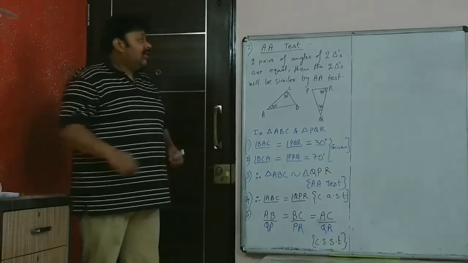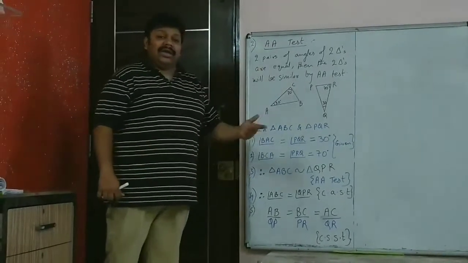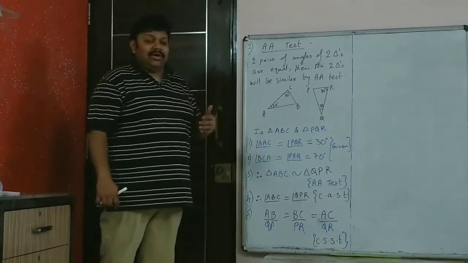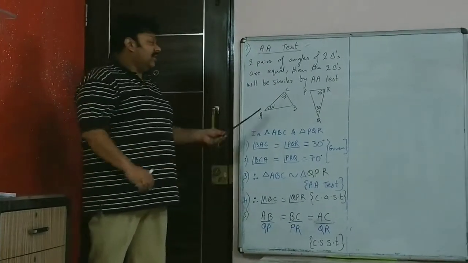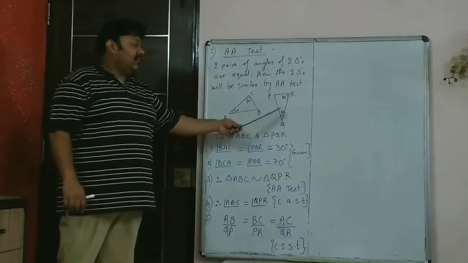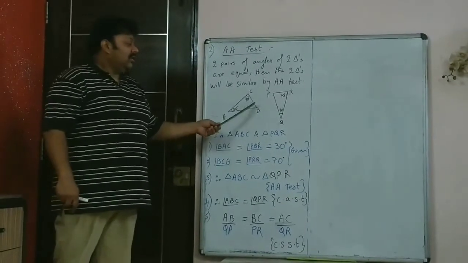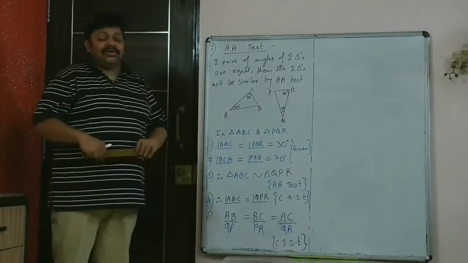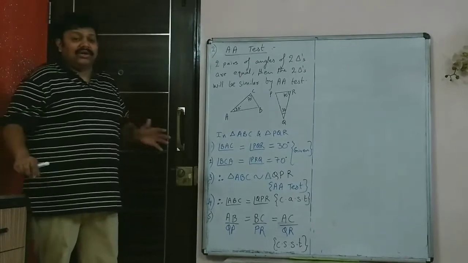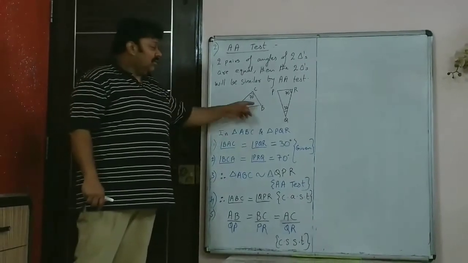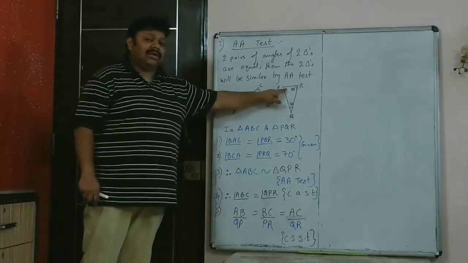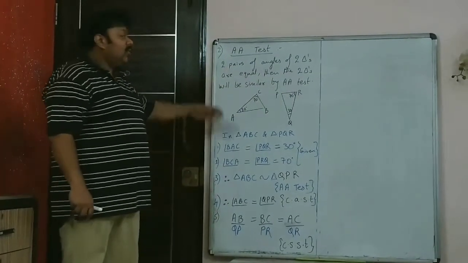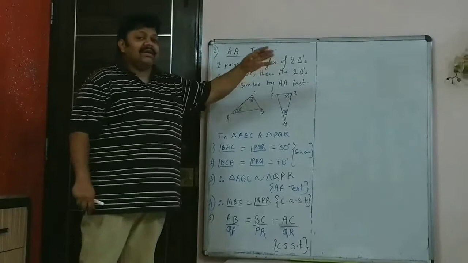So now this test can also be called triple A, but it is not required. Only double A is required, because obviously if two angles of two triangles are equal, then the third angle has to be equal, because sum of angles of any triangle is 180. So obviously this would be 80 degree and this also would turn out to be 80 degree. So that need not be proved. You can stop at AA test.